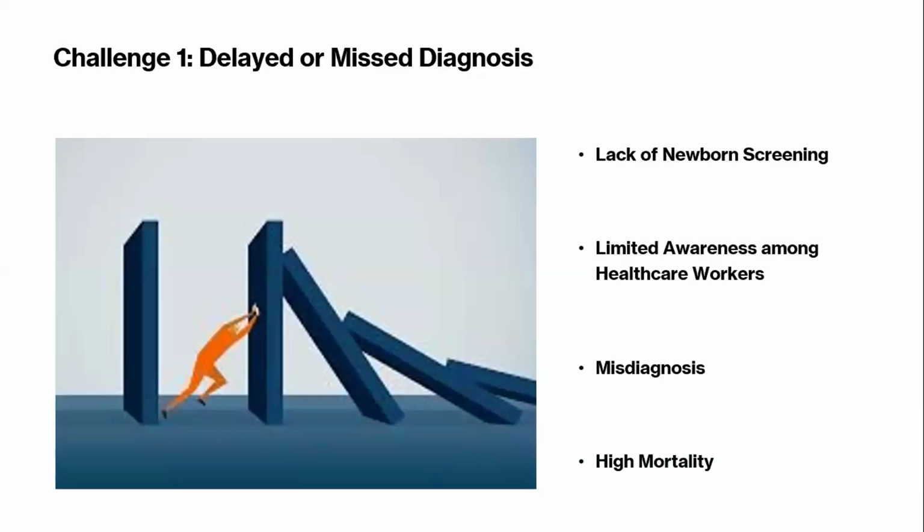And even after all the scans are taken to see the ovaries and all that, it's unfortunate that in the rural areas this is not really available. These are some of the things that we face in terms of misdiagnosis.